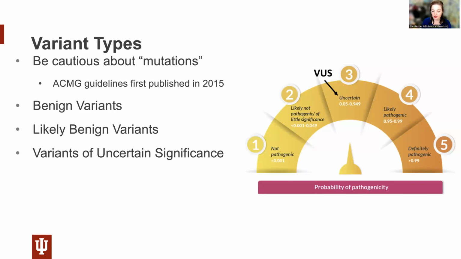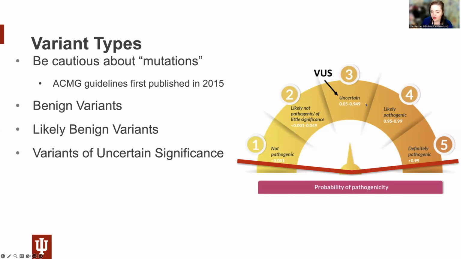And if you look at this graphic over here, the way that we classify variants, so this benign or not pathogenic, it's saying it's less than 0.1% of variants. The likely not pathogenic of little significance or likely benign is the 0.1% to 0.49 or less than 5% of variants. And then the variants of uncertain significance are 5% to less than 95% of variants.